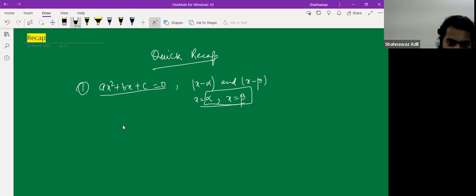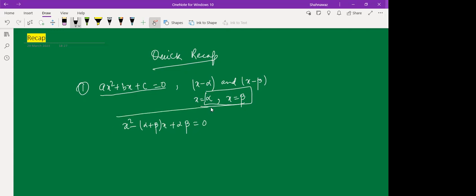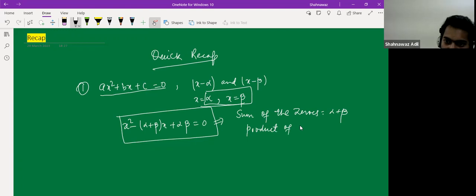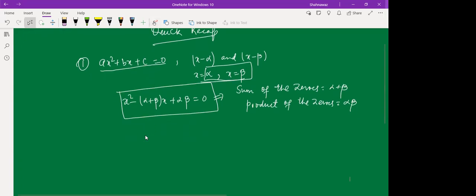So it was like this: x squared minus (alpha plus beta)x plus alpha beta equals 0, right? And you had the sum of the zeros, alpha plus beta, and the product of the zeros. The product of the zeros was alpha into beta, right?